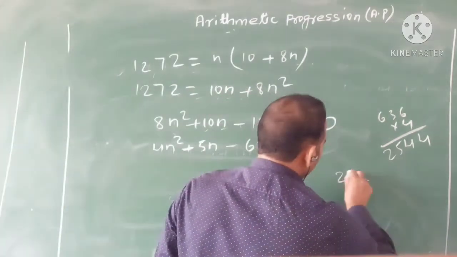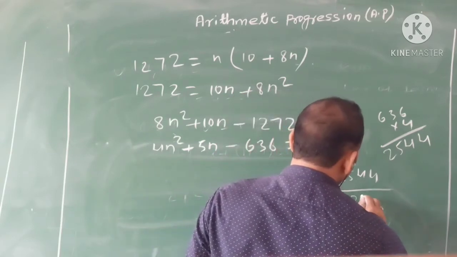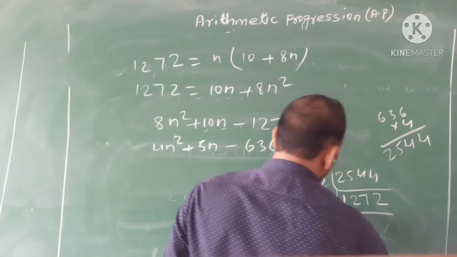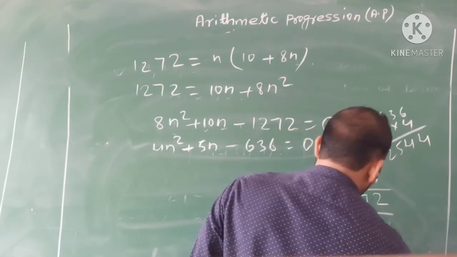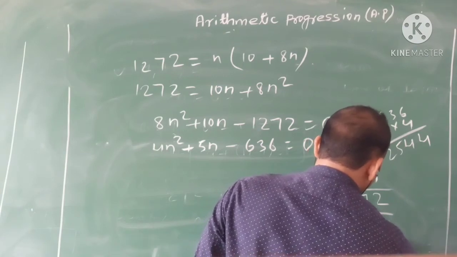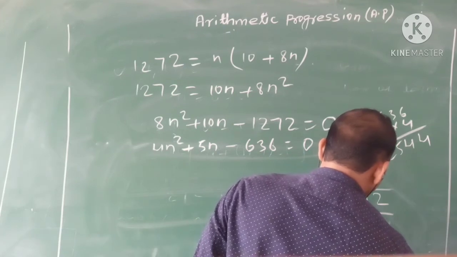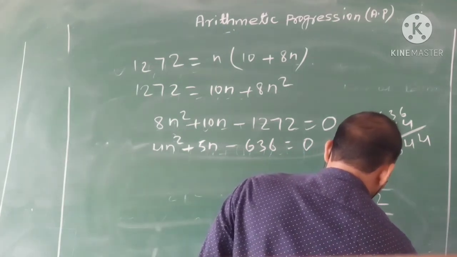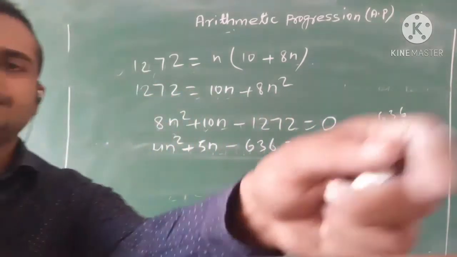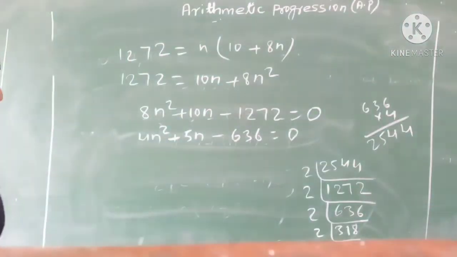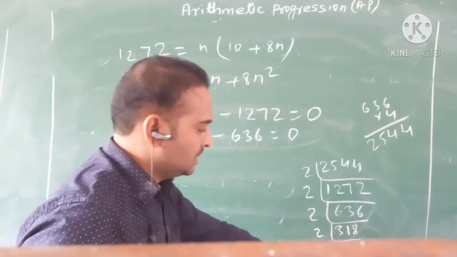And the factors of 2544 are... you can see 53 and 48.